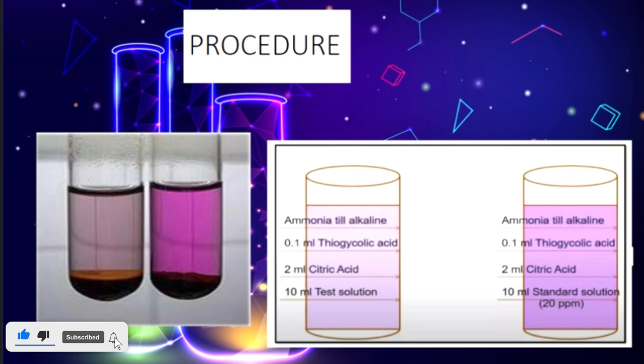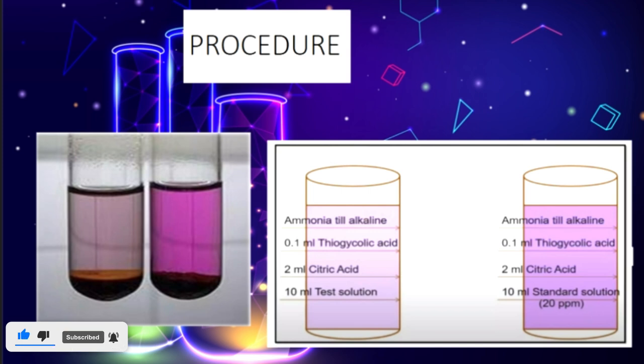Then add 20 ml of distilled water, then add 2 ml of 20% weight by volume citric acid, and then 0.1 ml of thioglycolic acid, and then to make the solution alkaline we add free ammonia solution, so that we can make the volume up to 50 ml.